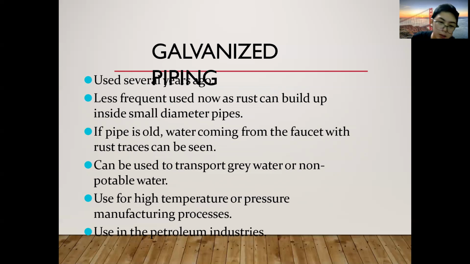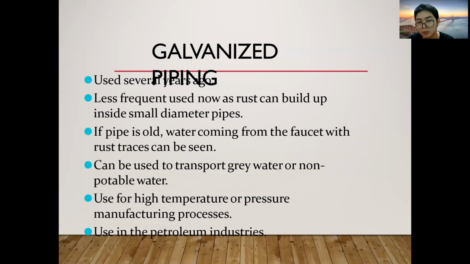If rust can be seen in the water from the faucet, the pipe can be used to transport gray water or non-potable water. It is used for high temperature or pressure manufacturing processes. Lastly, it is used in the petroleum industry.